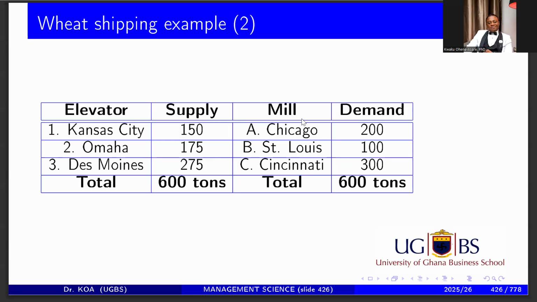It's also going to supply it to all these 3 cities. And Des Moines is supplying 275 tons of wheat to all the 3 cities. But then Chicago is not receiving exactly what Kansas City is supplying. Chicago is looking for 200 tons. St. Louis is looking for 100 tons. Cincinnati is looking for 300 tons.